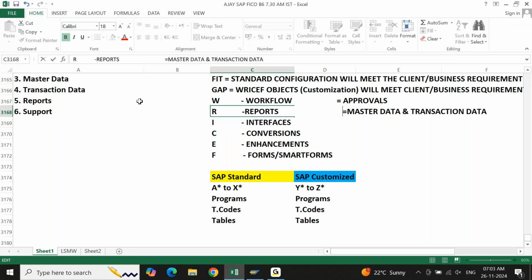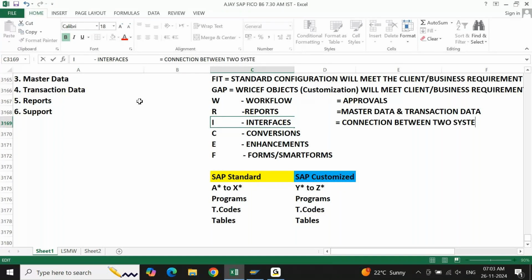Now, which other system are we connecting? It can be anything. So, in short, your interface is nothing but a connection between two systems. Now, these two systems can be SAP to SAP or SAP to non-SAP.